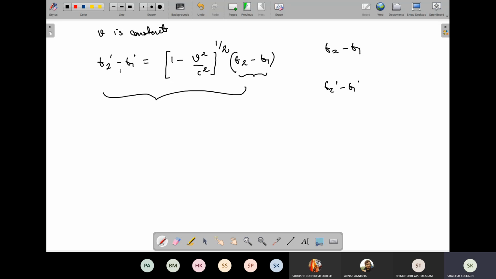This time interval is always smaller than this. That means the moving clock runs slower relative to the rest observer. This is what it means.